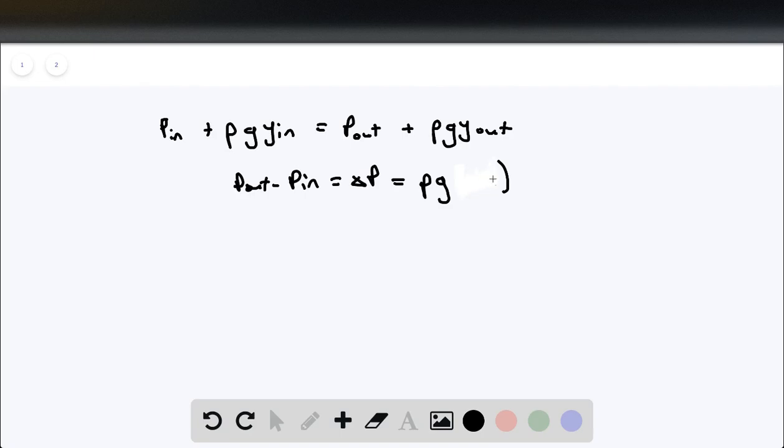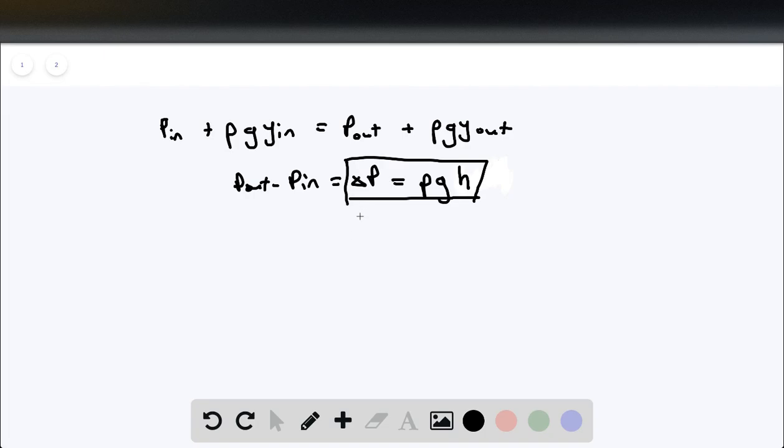So it's really this distance h that we're told. So then we can plug in this equation for the change in pressure coming from the change in height of the blood above it.